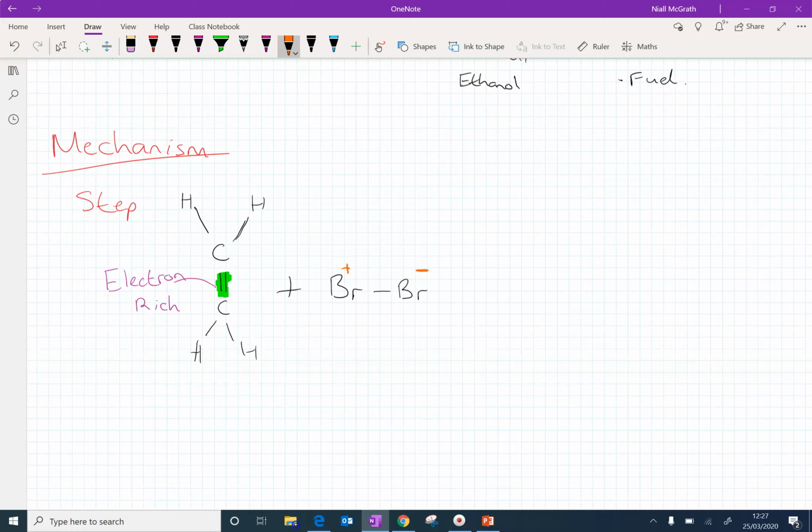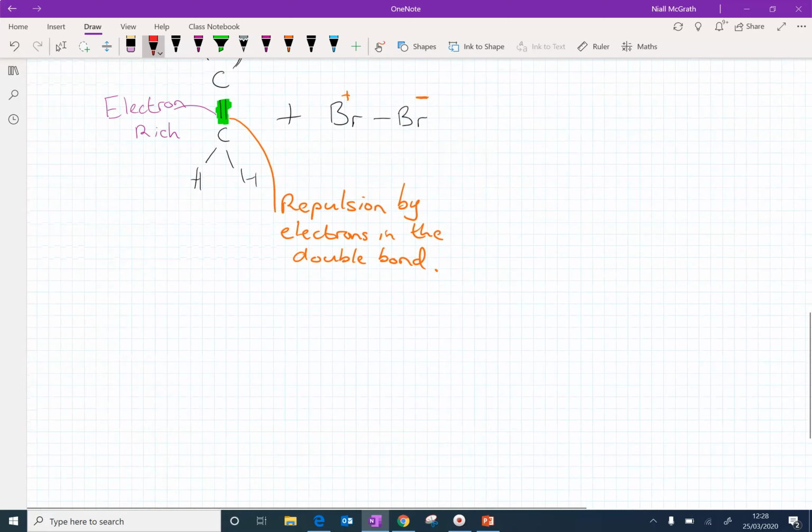So our molecule becomes polarized, one side positive and one side negative. There is a repulsion by the electrons. So that's our polarization step, step 1.